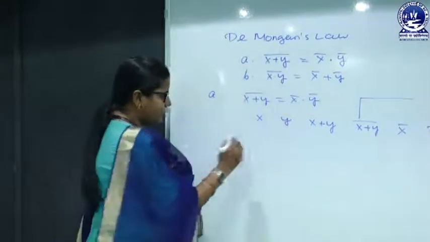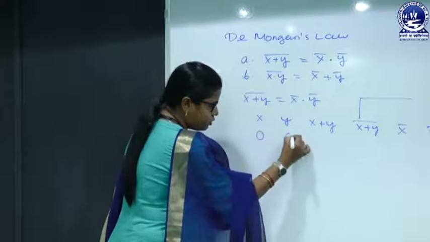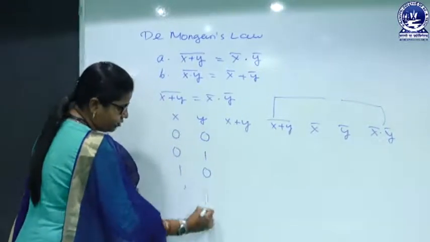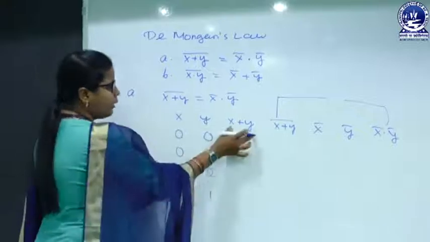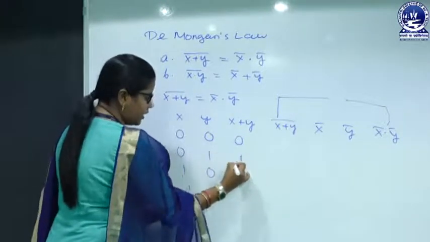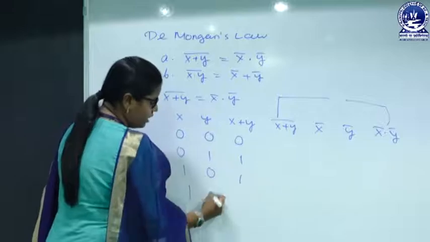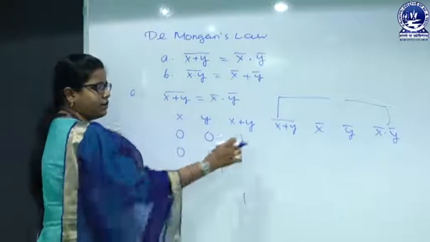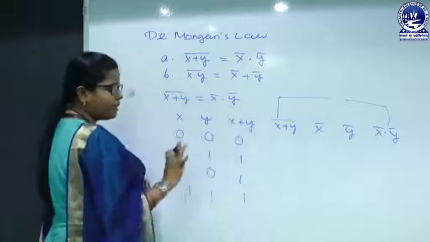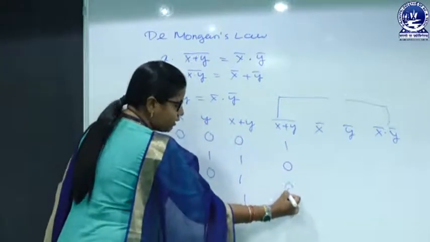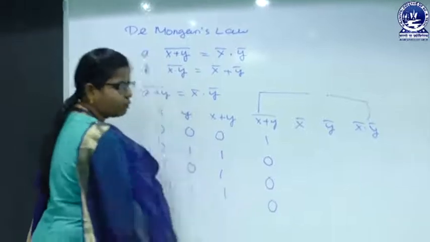Let's draw the truth table. 0 0, 0 1, 1 0, 1 1. Now x plus y: 0 plus 0 is 0, 0 plus 1 is 1, 1 plus 0 is 1, 1 plus 1 is 1. Now we complement this column, x plus y whole complement: so 1, 0, 0 and 0.